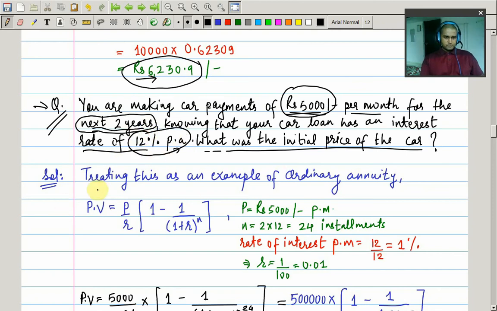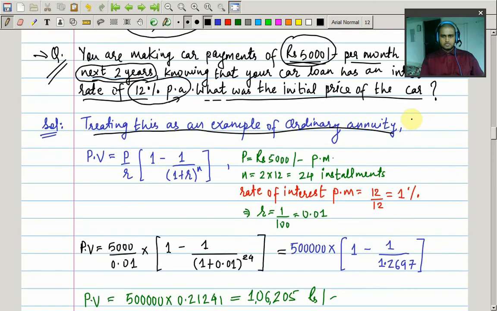So let's read the solution. Treating this as an example of ordinary annuity, because normally the installments are paid at the end of the month. So I'm going to take it as ordinary annuity. This is the formula I'm going to use. P is 5,000 and it's per month. What is N? N is the number of installments I am paying.